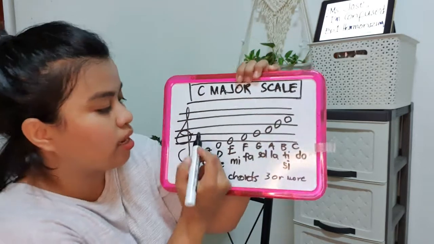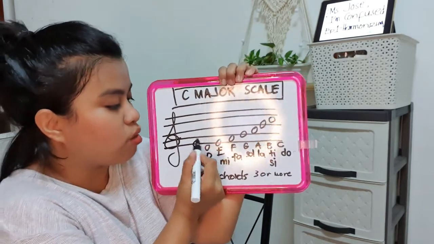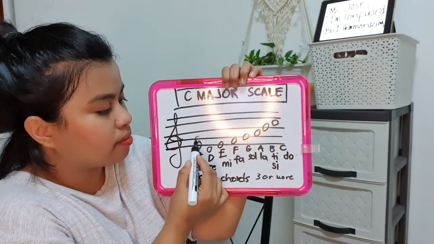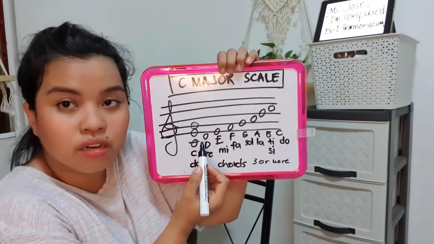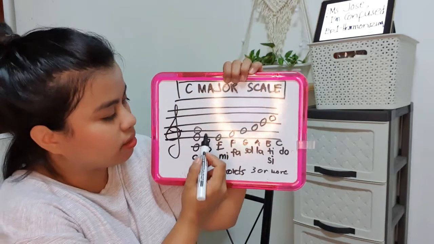How does that look like? It looks like this. If the note is on the line, add 2 more on the lines above it.